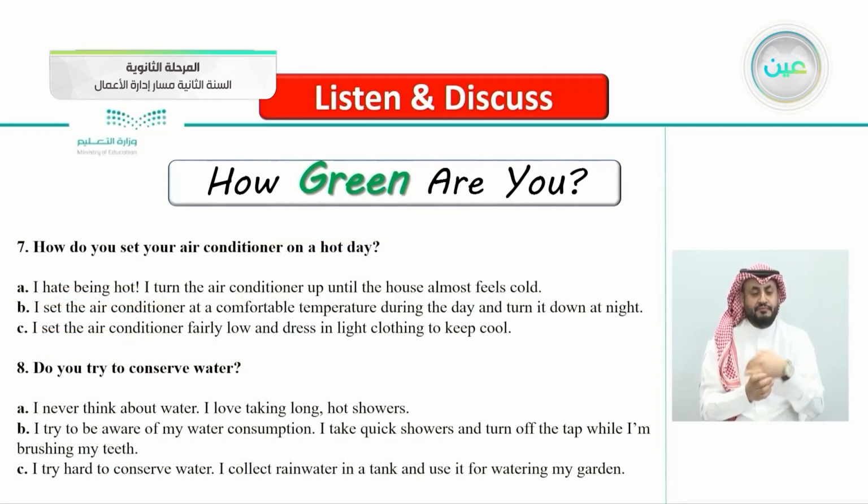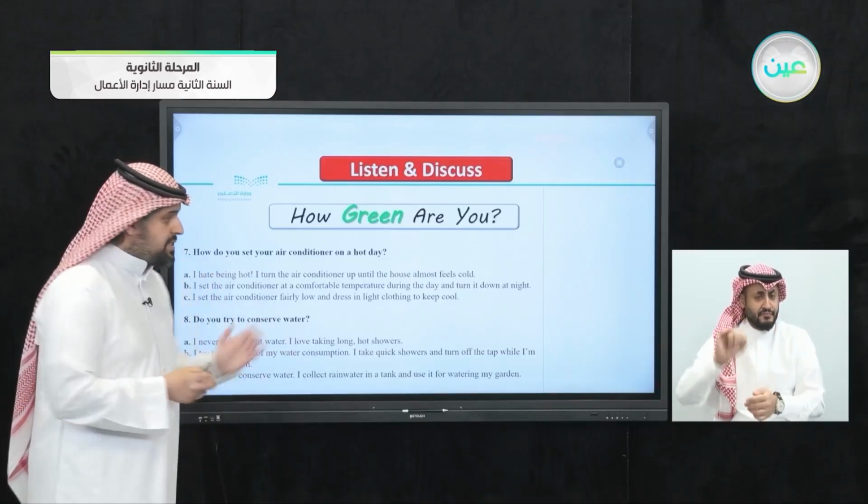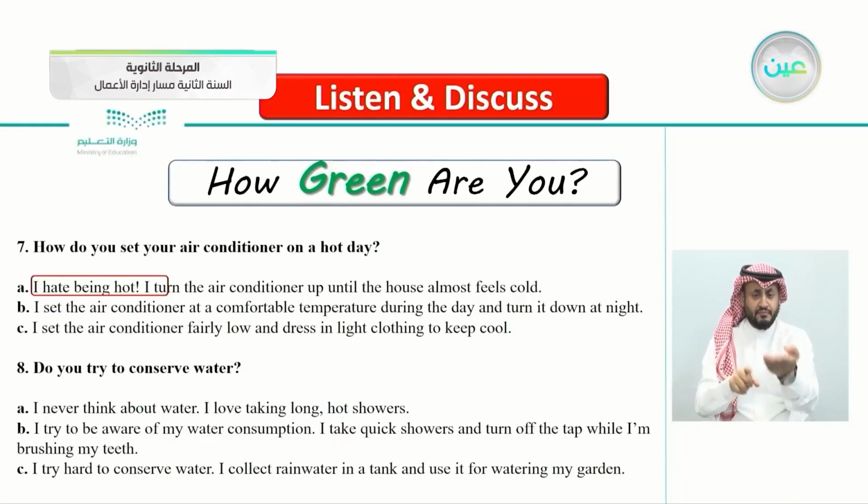What about 7 and 8 here? Can you spot for me some gerunds and infinitives? Let's check them together here. I hate being hot. Hate comes with gerunds and also with infinitives. So I hate being hot. Is there another gerund or another infinitive here? You can say, do you try to conserve water?